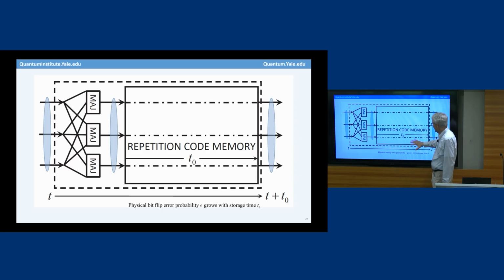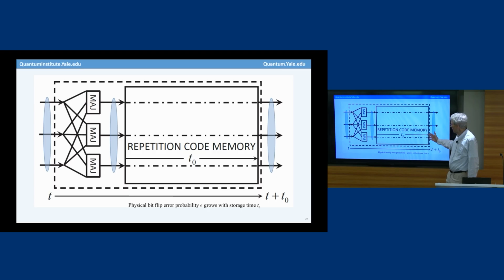And now, what is the epsilon that you put in there? Well, there's an epsilon m for the probability one of these guys fails. But there's an epsilon for bit flips just while it's sitting there idling, cosmic rays coming or something. And that probability grows with time.